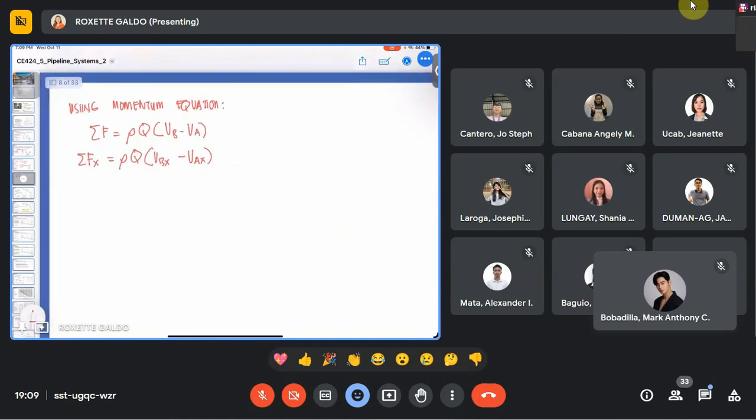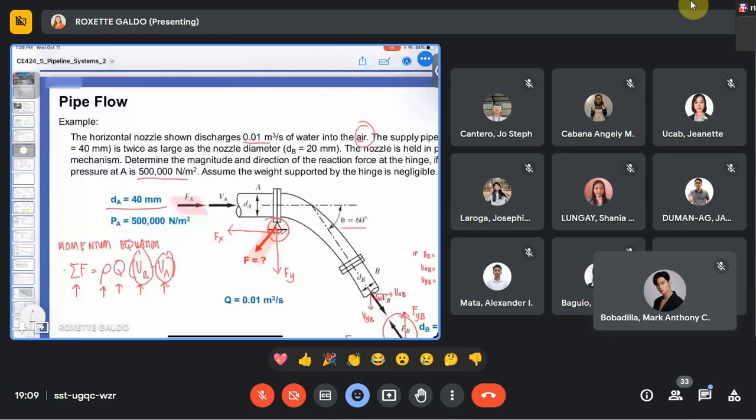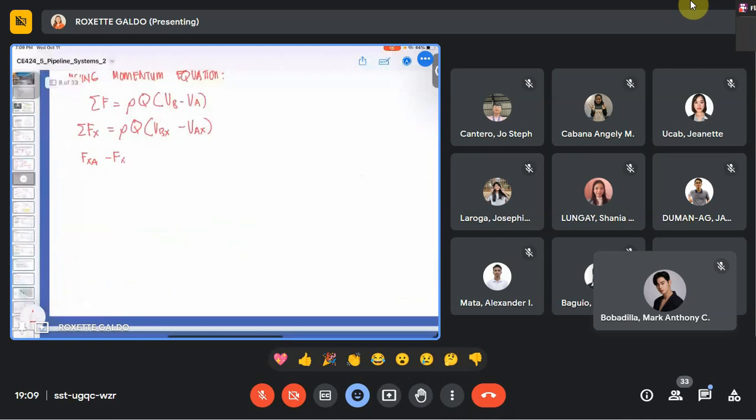So we have FXA, which is positive, since it is directed to the right, minus Fx, because based on the problem, Fx is on the left, minus FXB.